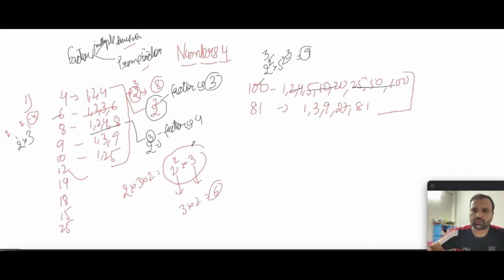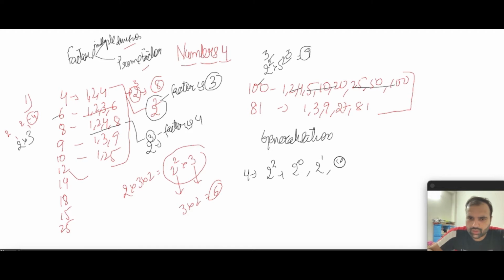So what we are trying to do over here, now I'll try to generalize that fact. Let's take 4, and we know 4 is 2 to the power 2. When we write 2 to the power 2, something like this happens: 2 to the power 0, 2 to the power 1, 2 to the power 2.